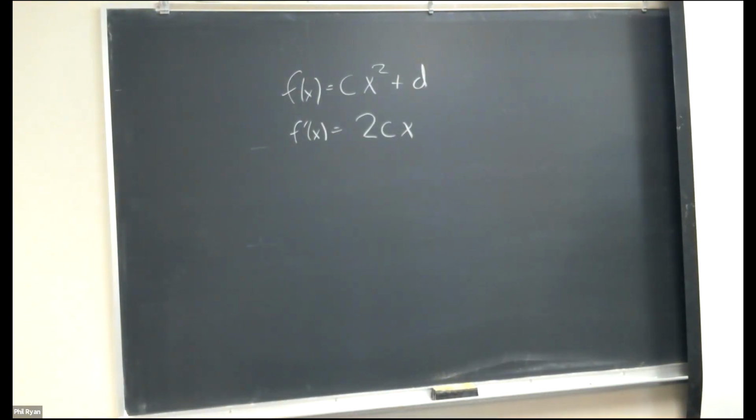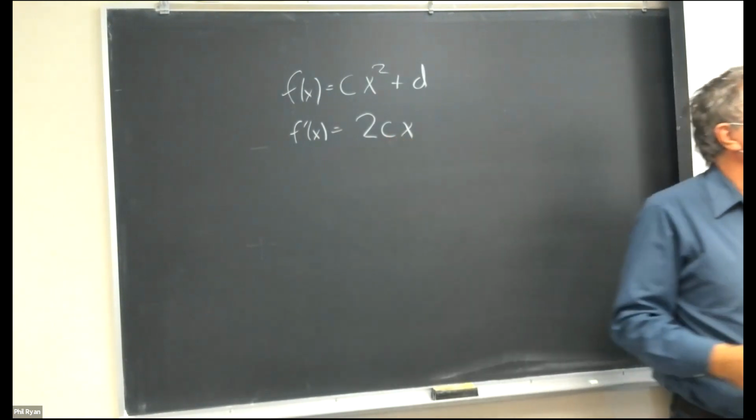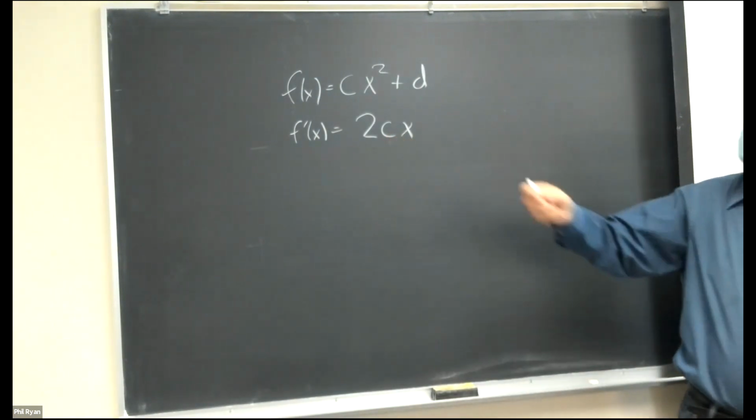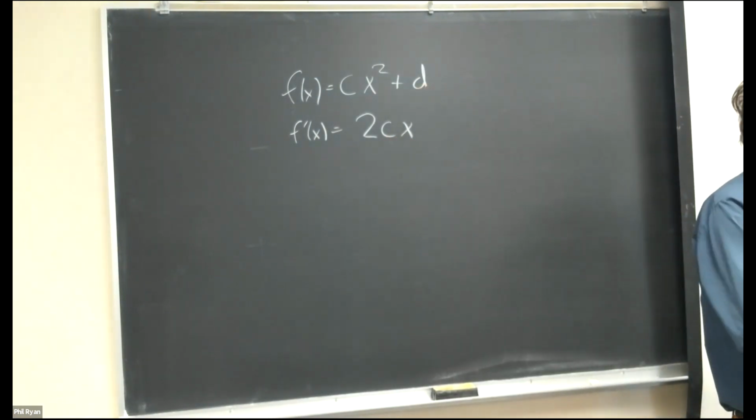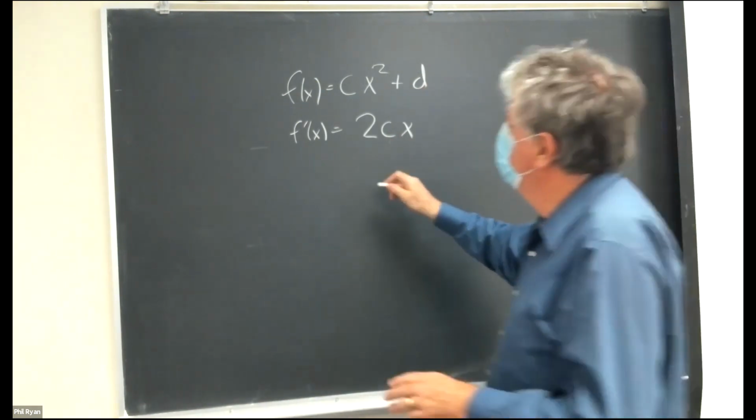Right, the only thing that's varying is the x, then the derivative of x squared is 2x. This is a multiplicative constant, so it just stays there. This is an additive constant that just goes away.